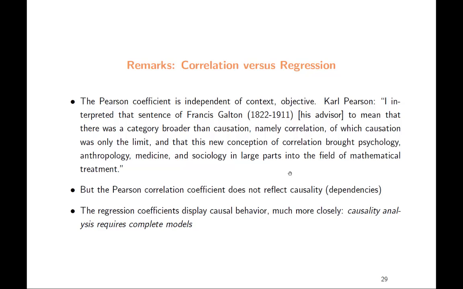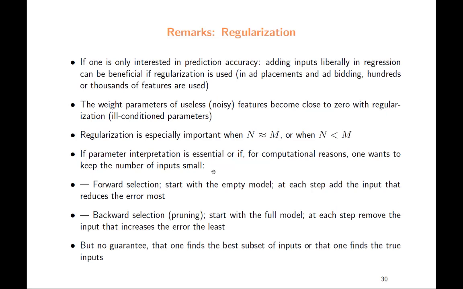And that's what you typically want if you want to check if a medication works on observed data. You are interested in the causal effect of the medication and not in the correlation. So the regression coefficients display causal behavior much more closely, but causality analysis requires a complete model. If you leave important inputs away, if you're not lucky, then you will see these apparent correlations.